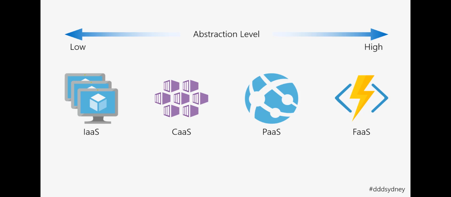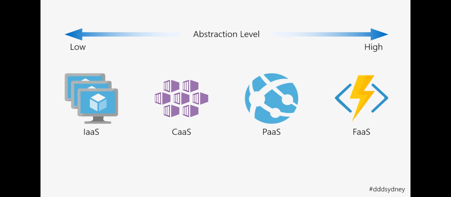But we still need to worry about the application, like load balancing or something like that. At the end, on the function as a service side, we only focus on code, right? We only focus on each function. We don't have to worry about the application as a whole. So everything is abstracted. We don't even have to worry about scaling.